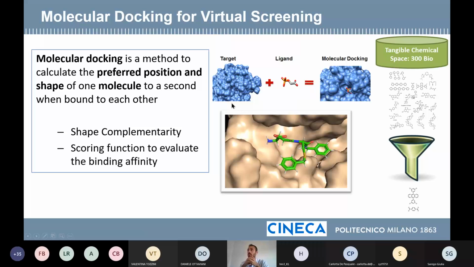So what is exactly molecular docking? It is a method to calculate the preferred position and shape of one molecule to a second, when they are bound to each other.